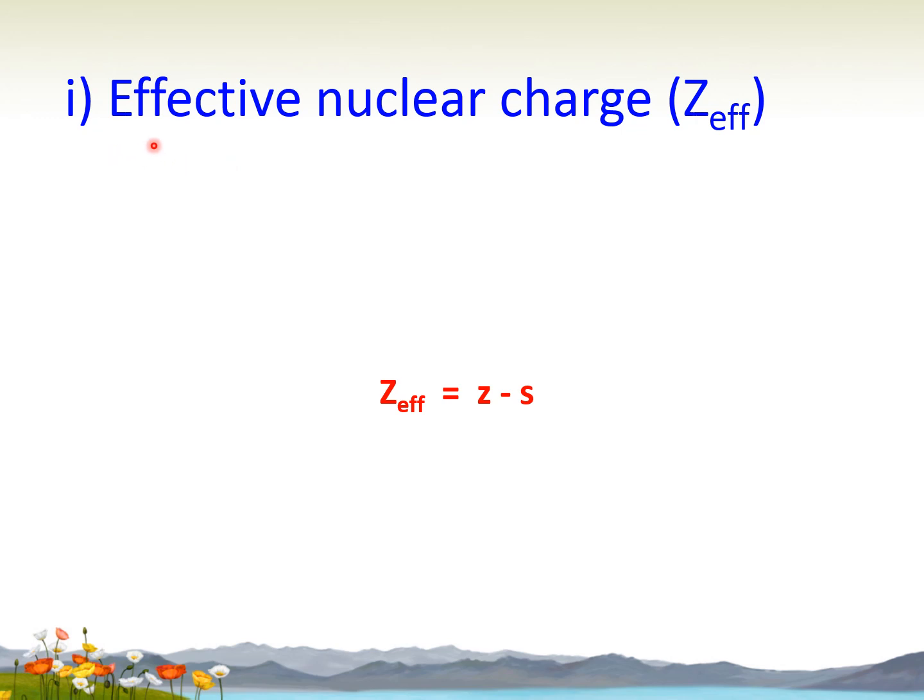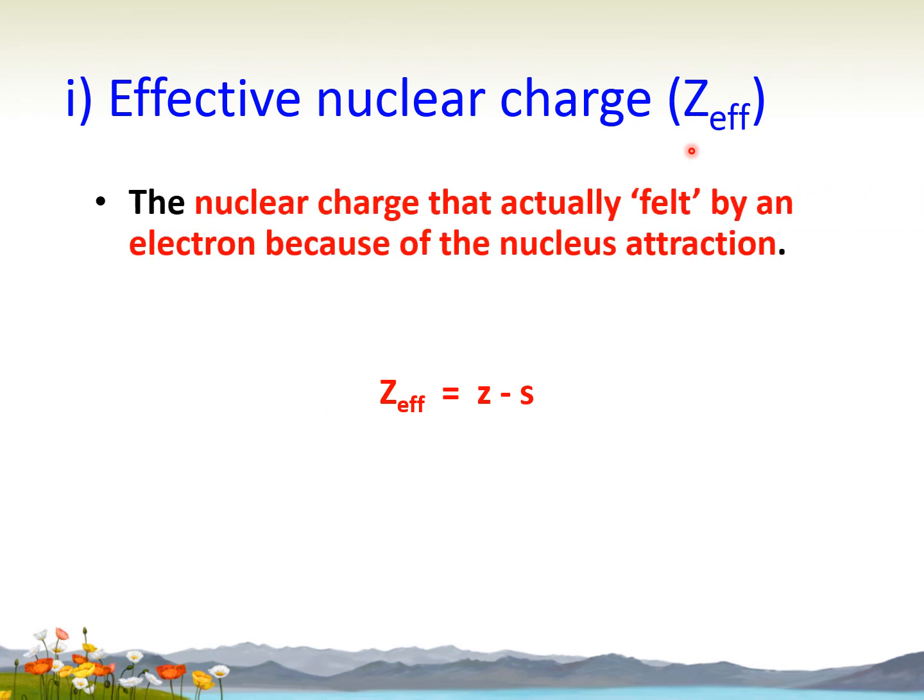So number one, effective nuclear charge, Zeff. What is Zeff? The nuclear charge that is actually felt by an electron because of the nucleus attraction. The value of Zeff is equal to Z minus S. What is Z?